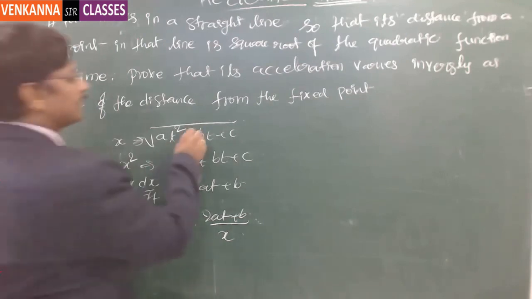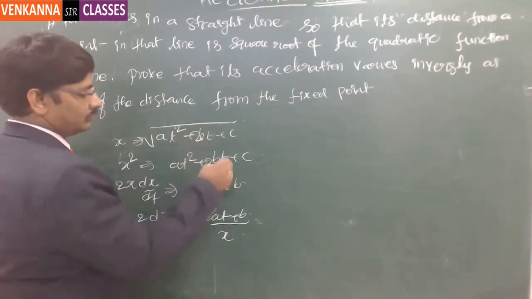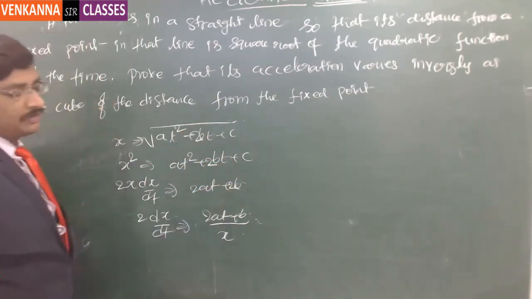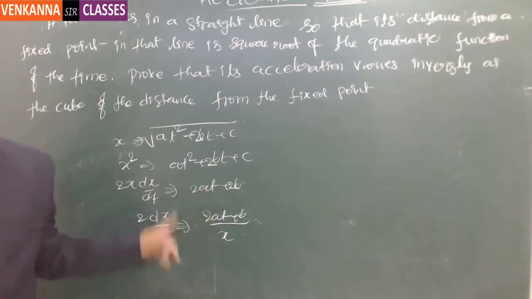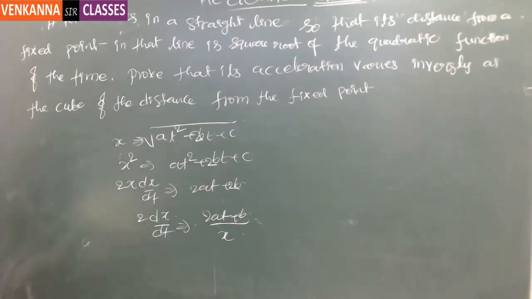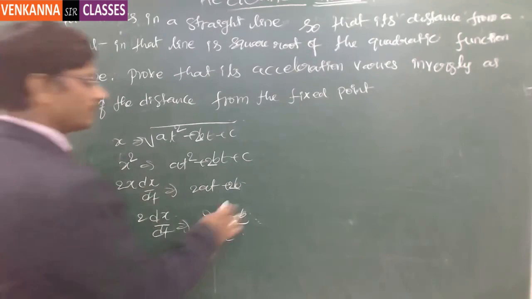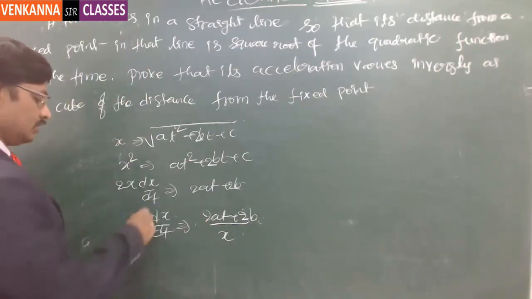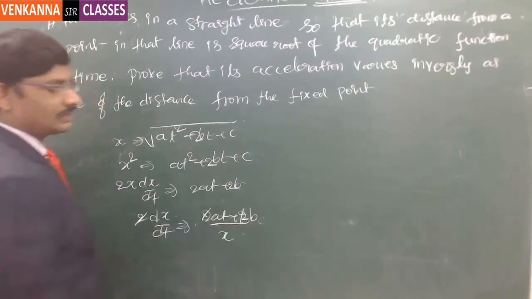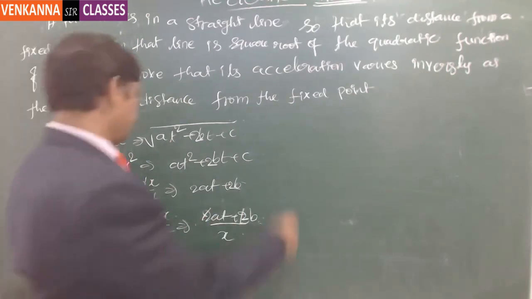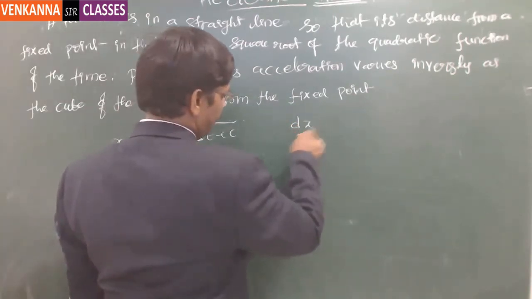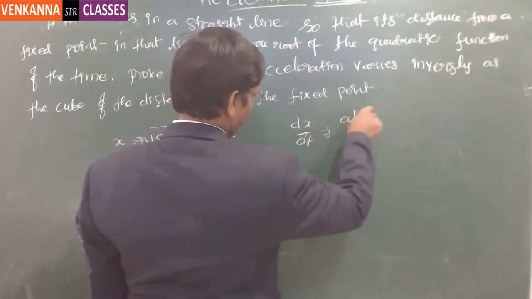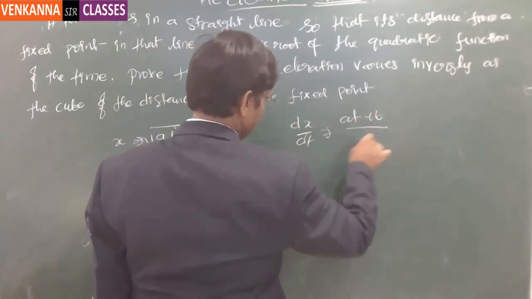For simplicity, imagine that this is 2b, so that you will get a much simpler way. Without this also you are going to get the same answer. For simplicity, you can imagine this, so that this 2 and 2 will cancel out. So what you are going to get is dx by dt is equal to at plus b by x.